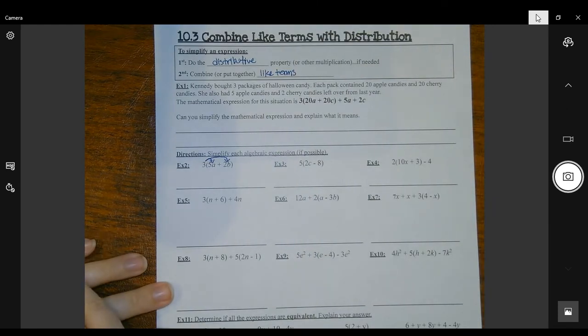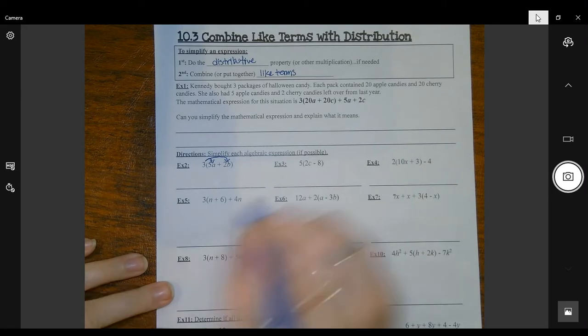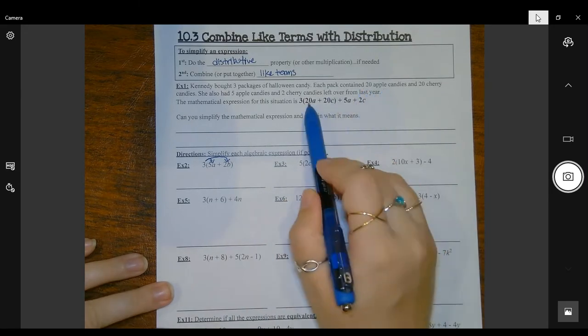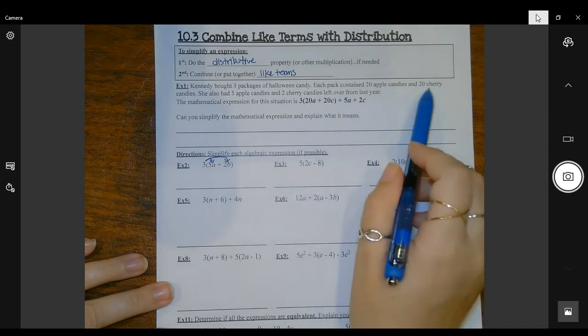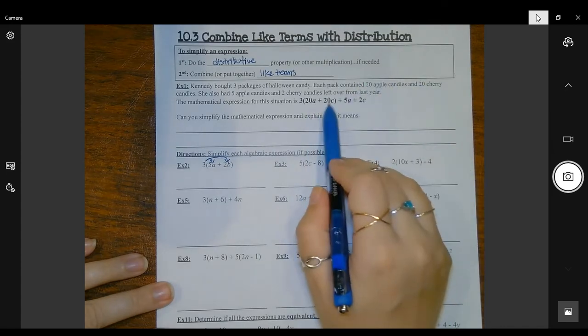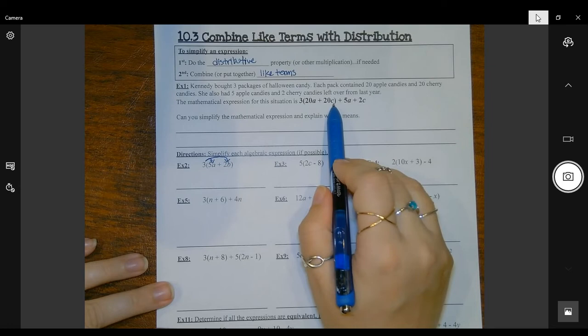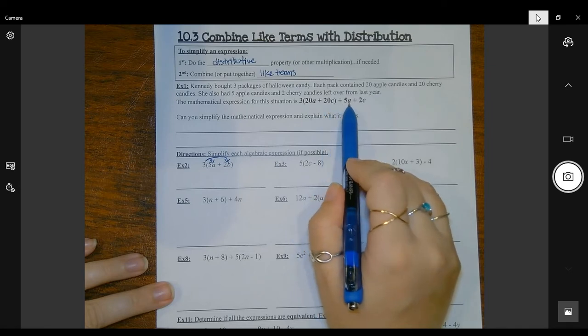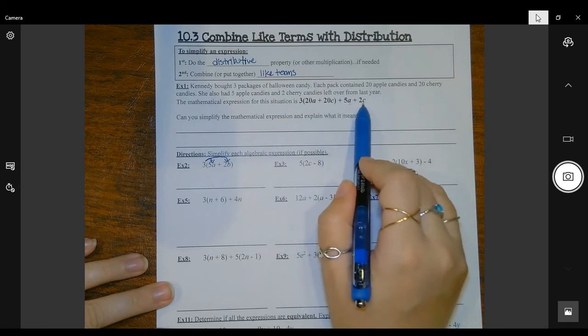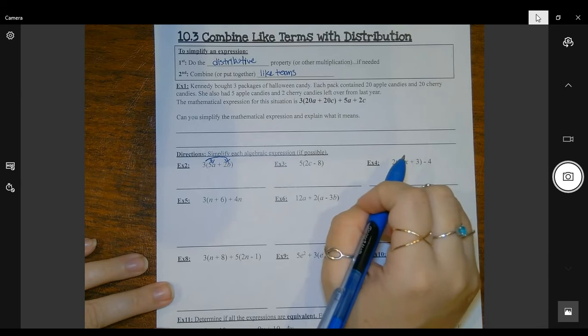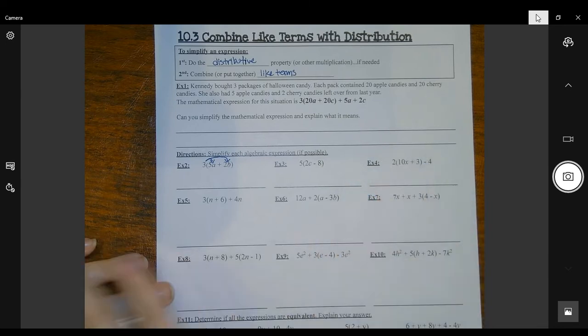Example 1 says Kennedy bought 3 packages of Halloween candy. Each pack contained 20 apple candies, so 20A, and 20 cherry candies, so 20C. She also had 5 apple candies and 2 cherry candies left over from last year. So how much total candy does she have?